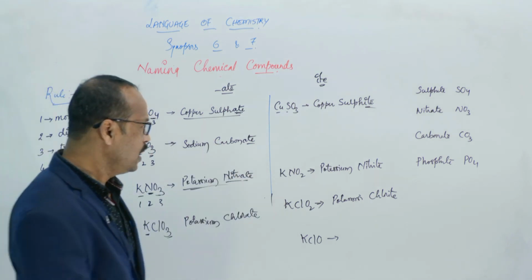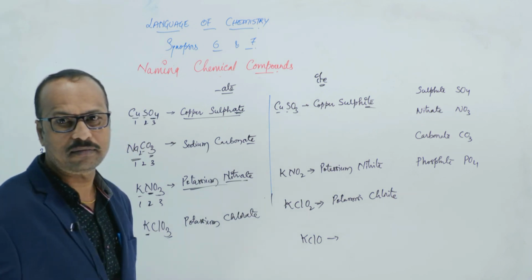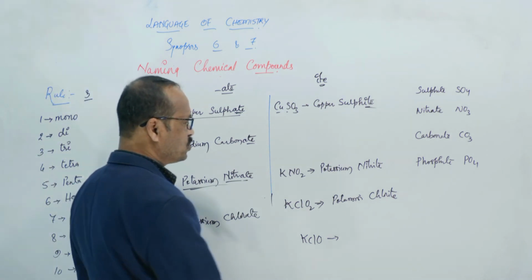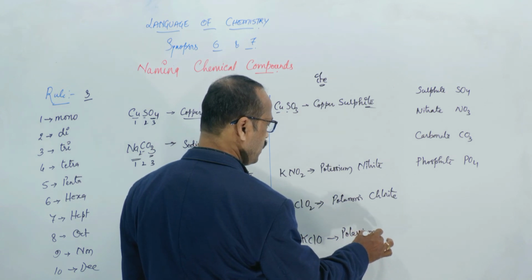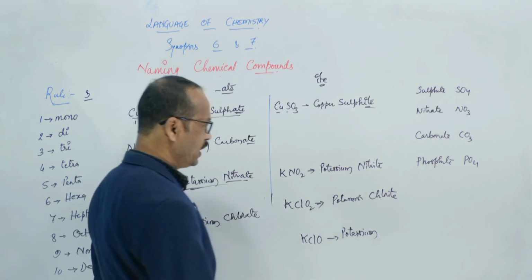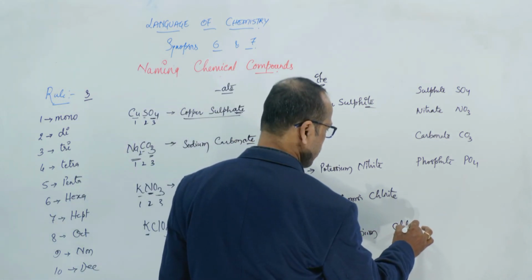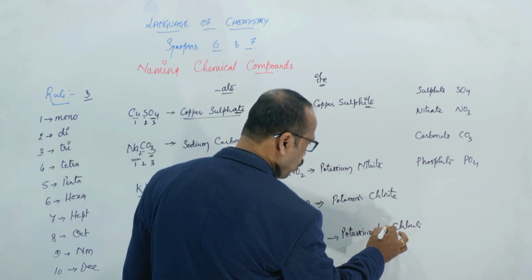Imagine, now from the ite also one oxygen is removed, one more oxygen is less. Then what can you do? So yes students, very simple. So potassium, okay, write the chlorate only, but just add hypo.